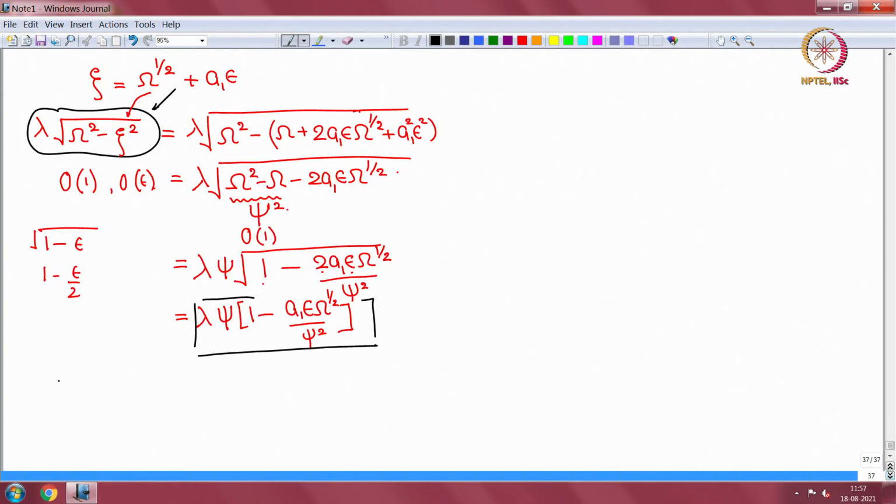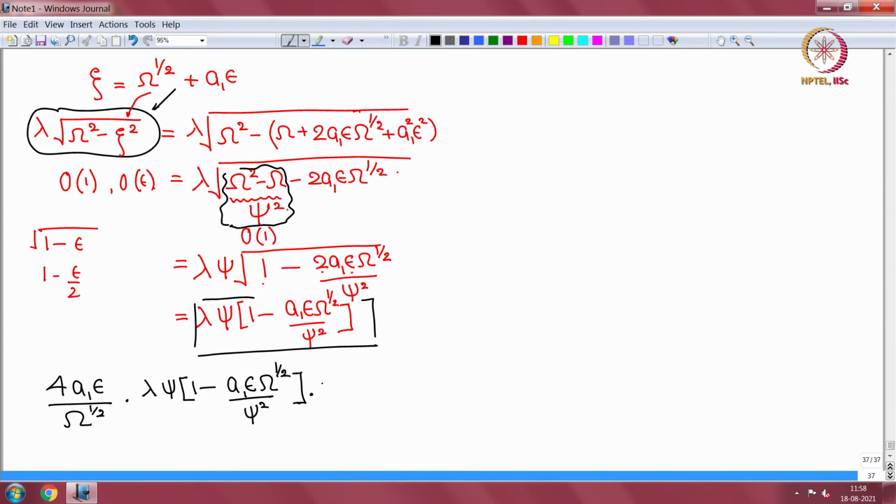So I have 4 a1 epsilon by omega to the power half from the first, and from the second I get lambda psi times 1 minus a1 epsilon omega to the power half by psi square. We should remember what psi is. This thing we call psi square, so we should not forget.